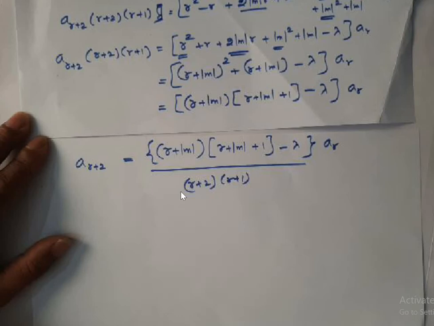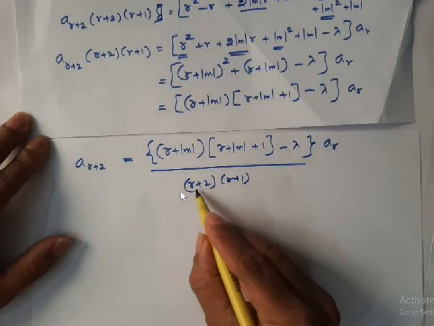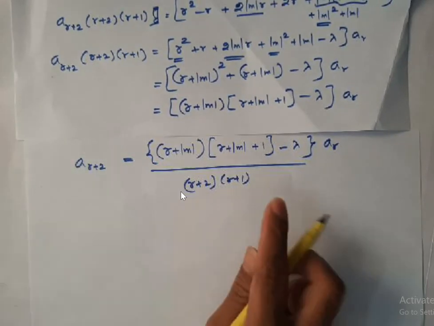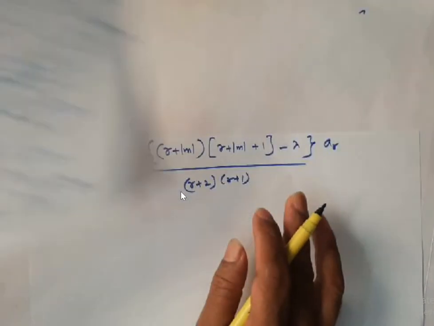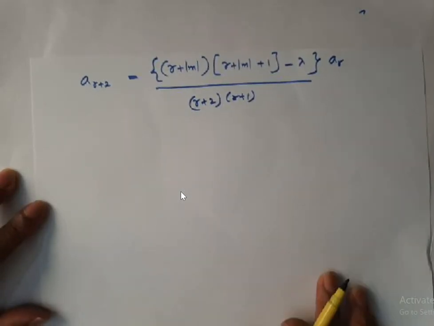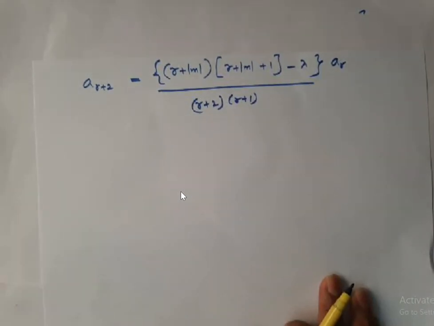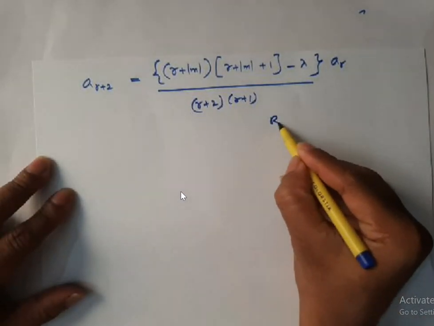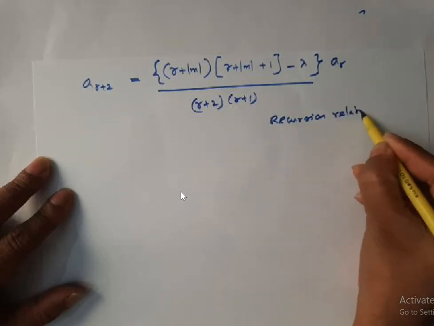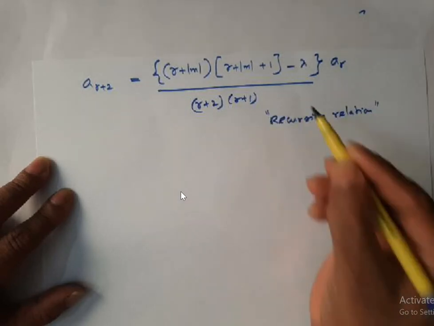I brought this r plus 2, r plus 1 term here. And this is what we call the recursion relation. What is the use of this relation?